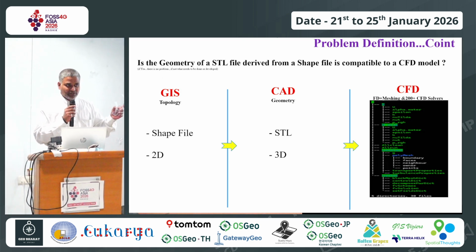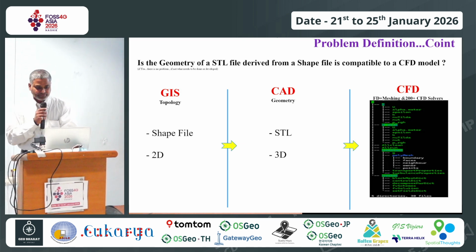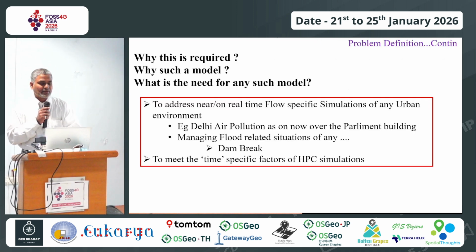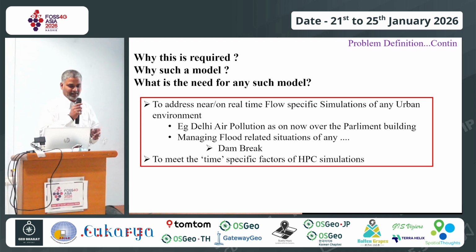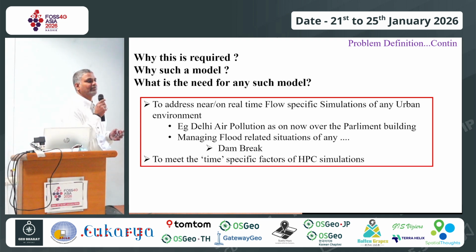So for these three domains, is there any case study? Why is this case study required? I'll tell you. Suddenly we get a query from the Government of India: next week there is the Parliament gathering, what will be the air pollution over the Parliament?